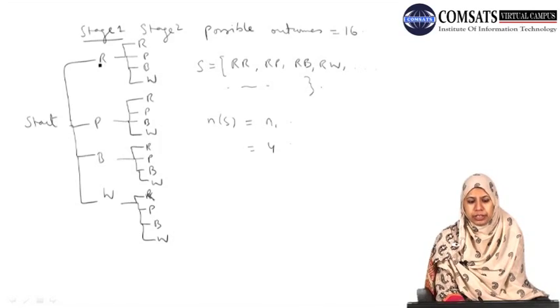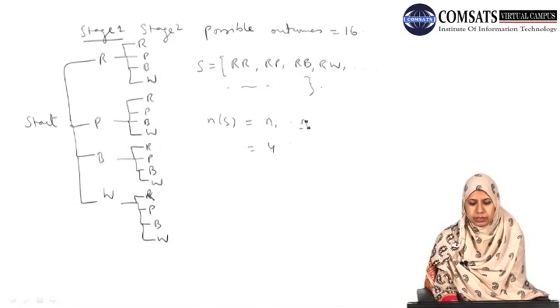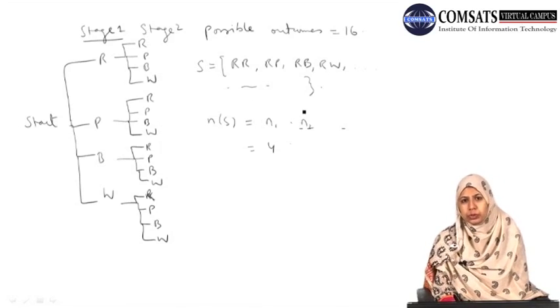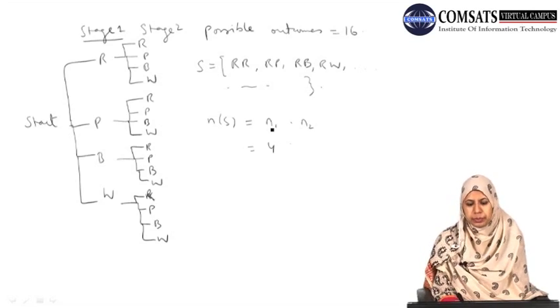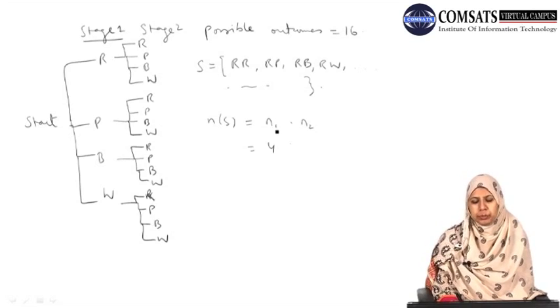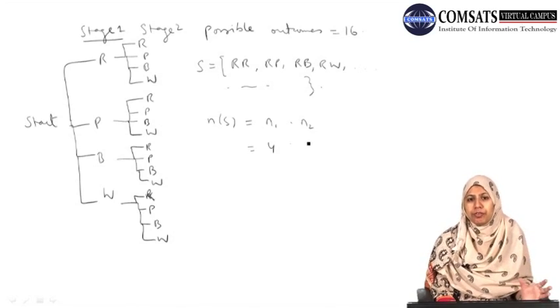At second stage, for each of the first marble we have again 4 possibilities. So we have 2 stages or 2 objects, which means that at the first place the possibility of obtaining a marble from an urn is 4, and then putting that marble again at the second stage we also have 4 possibilities of obtaining a marble.